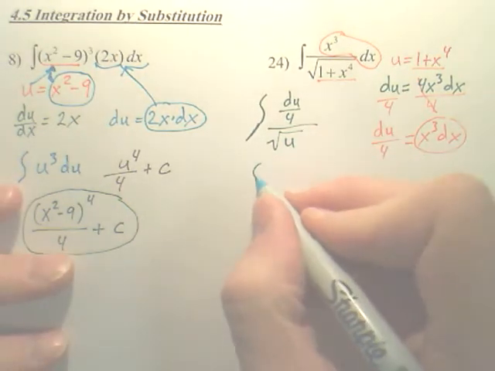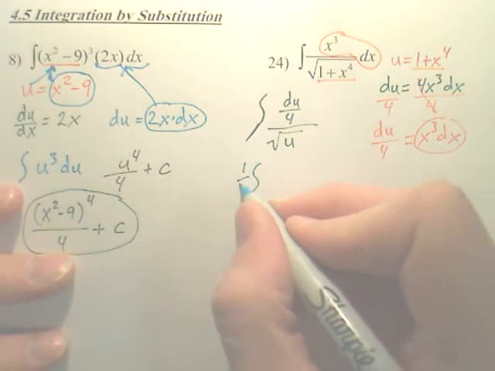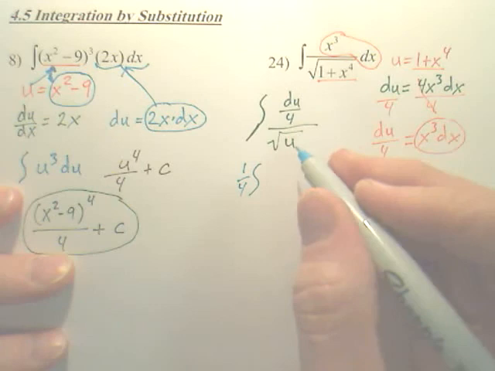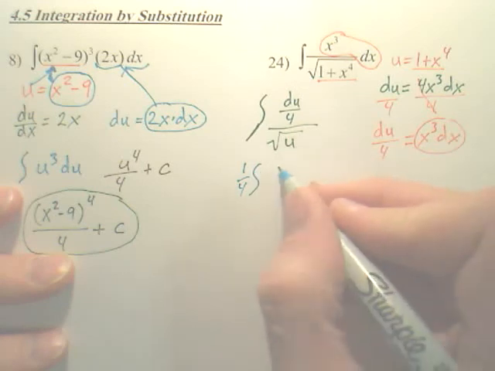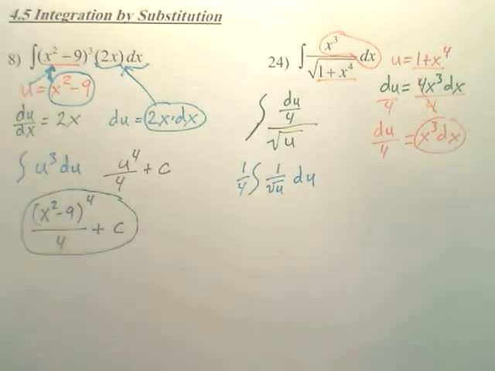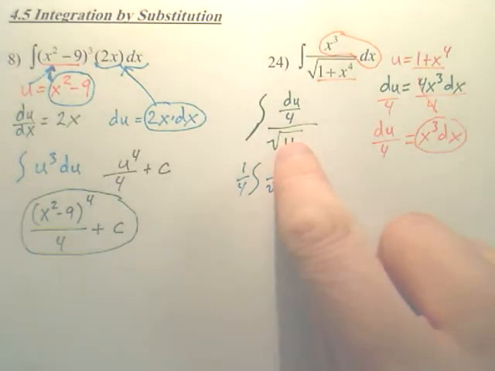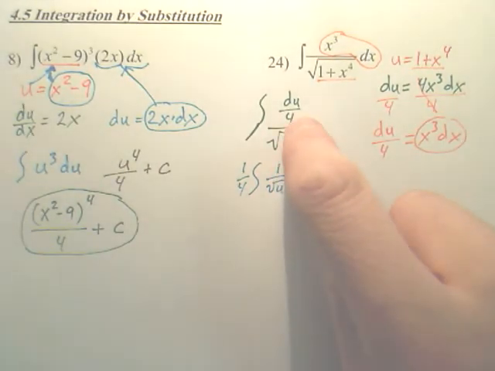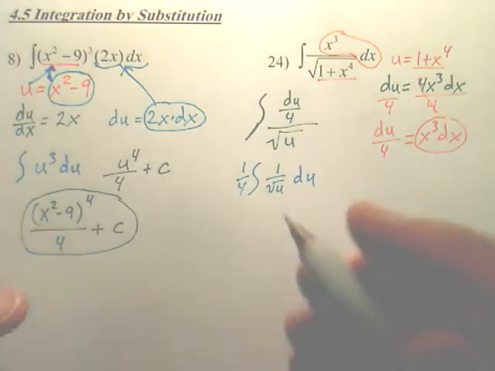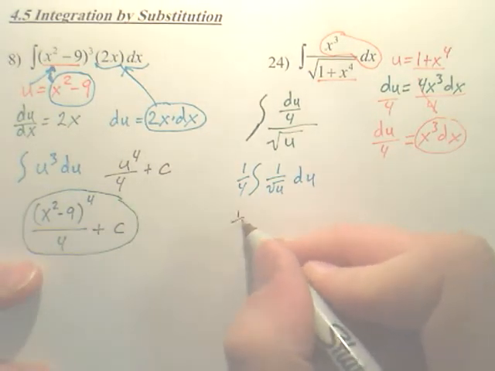Now, can I rewrite this? Can I take the 1/4 and just take it out front? And then wouldn't this be 1 over the square root of u du? Because won't this square root u jump in there with the 4? And then can I pull the 1/4 out?